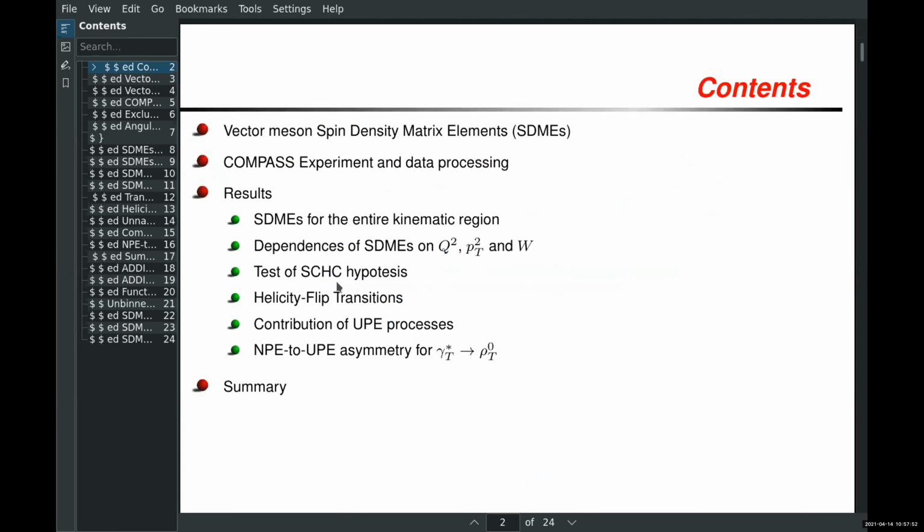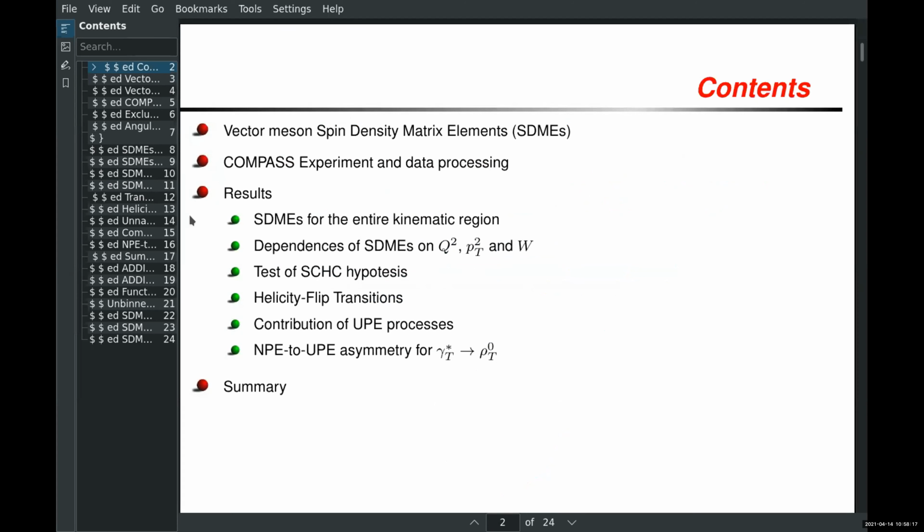So in my presentation, at the beginning, I want to define the spin density matrix element and say something about the experiment, how to select the data, and how to determine the exclusive region. The results will be given as SDME for the entire kinematical region.